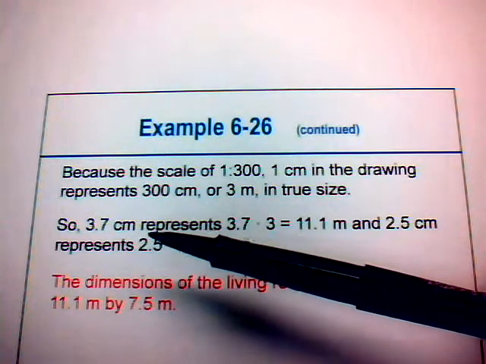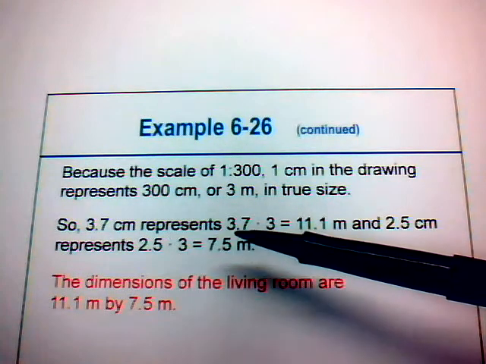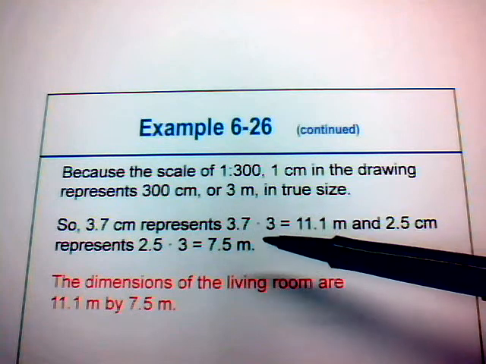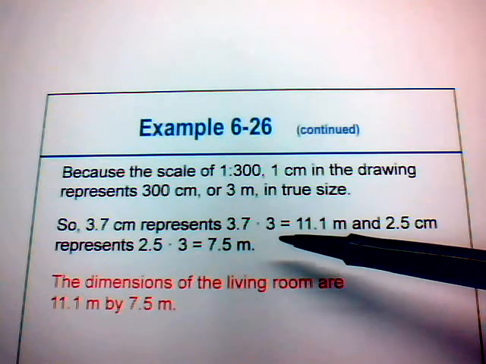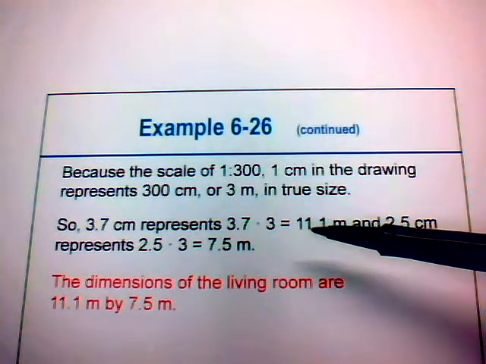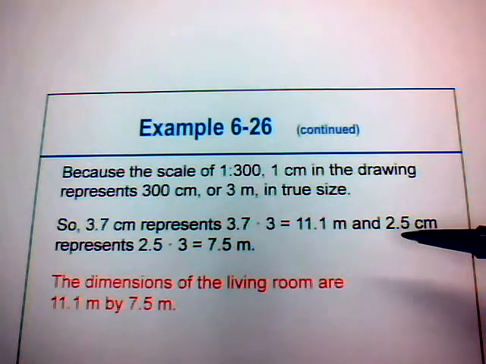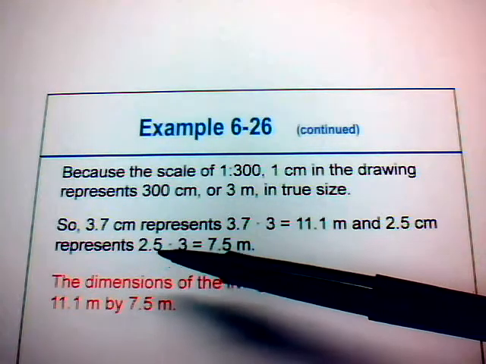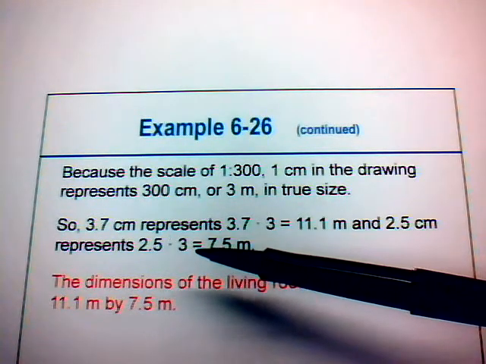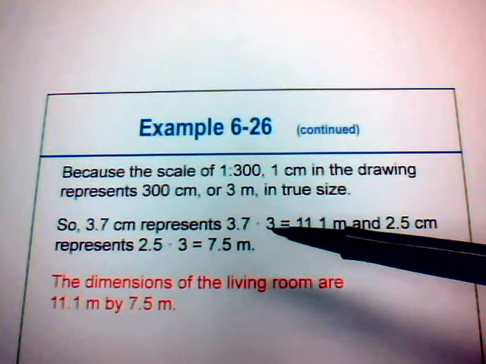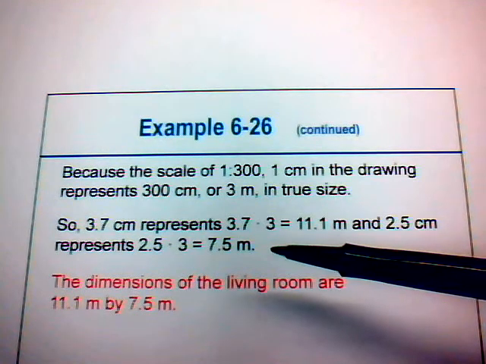So if we have 3.7 centimeters, that's going to represent 3.7 times 3, or 11.1 meters. 2.5 centimeters represents 2.5 times 3, or 7.5 meters.